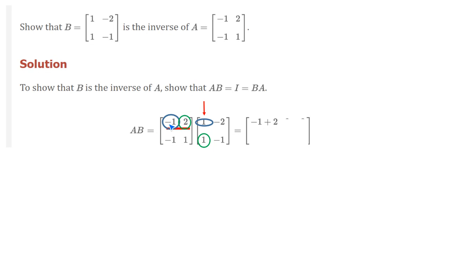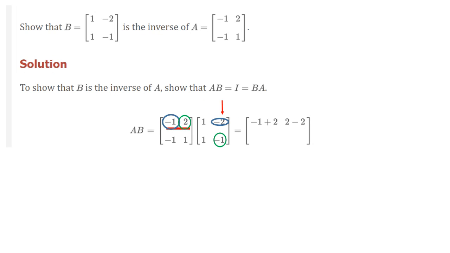Here we take the first row by the first column. I'm going to multiply -1 times 1 is -1, and 2 times 1 is 2. Then we go to the next column, which is -1 times -2 is +2, and 2 times -1 is -2.